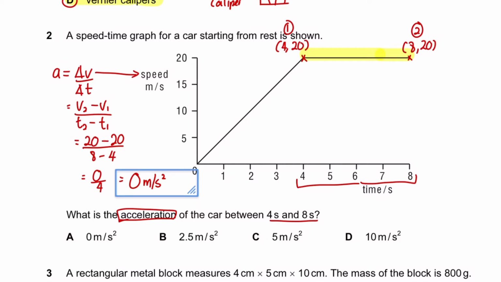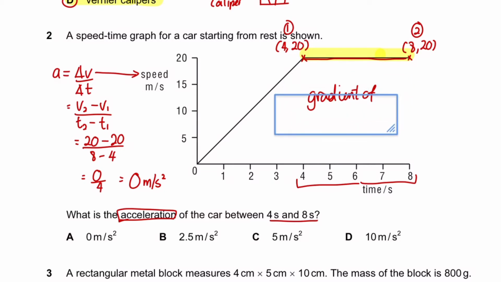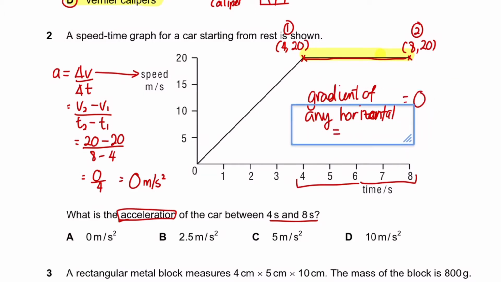So another way I can show you is by seeing it qualitatively, which means we just look at this line, which is horizontal. The gradient of any horizontal line is 0, and the gradient of this graph is equal to acceleration, as we know from here.